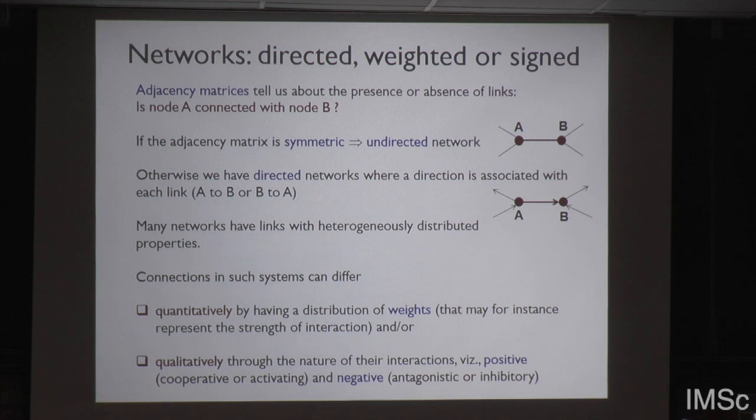You have similar activatory and inhibitory interactions, for example, in genetic regulation, where a particular transcription factor can act as a promoter for the expression of another protein, or it could inhibit the expression of another protein. So you could have positive relations as well as negative relations. In order to represent those kinds of qualitatively different interactions, you have to consider signed graphs.